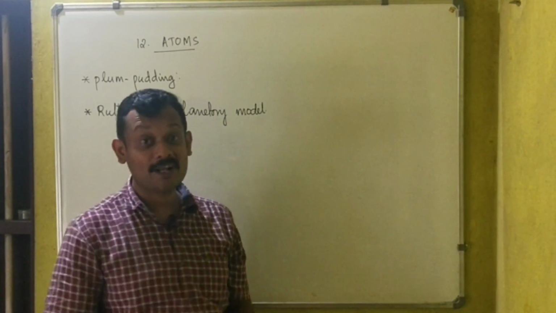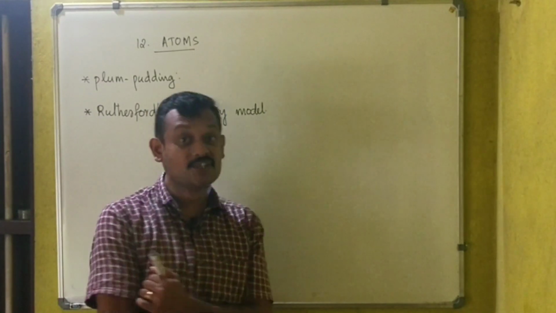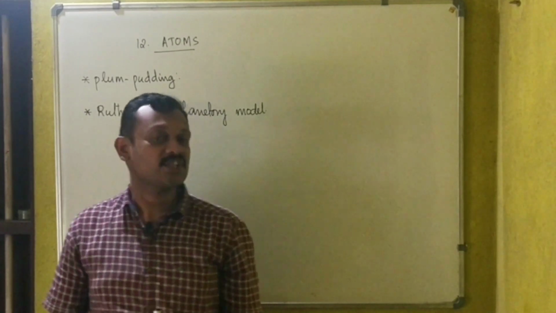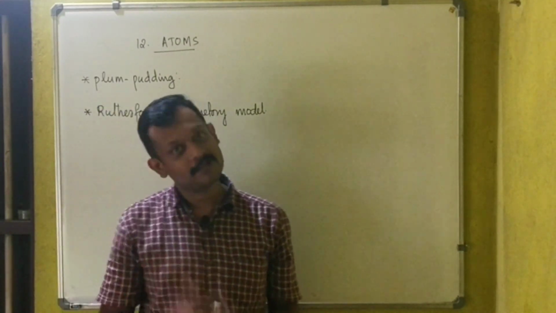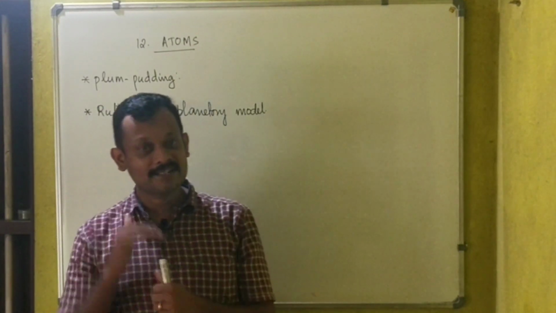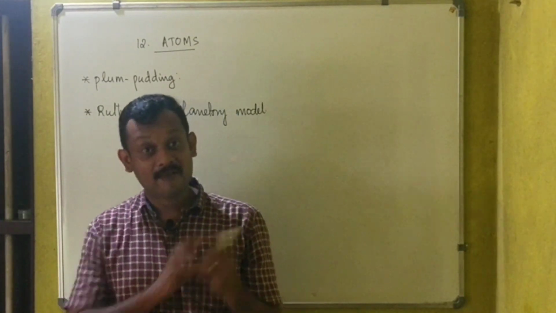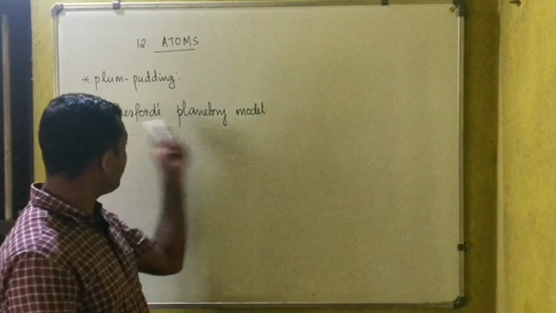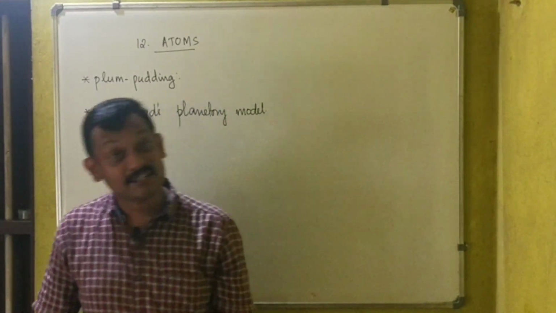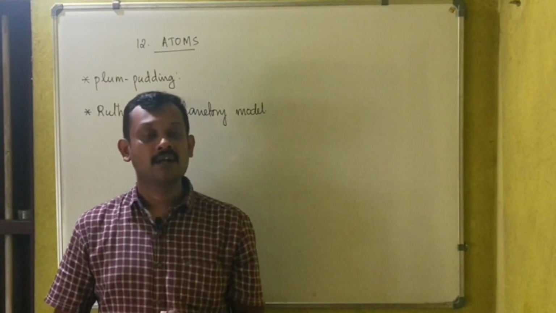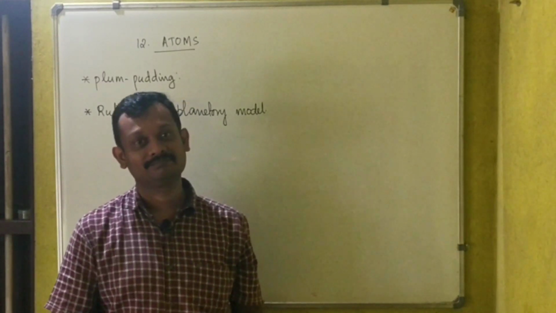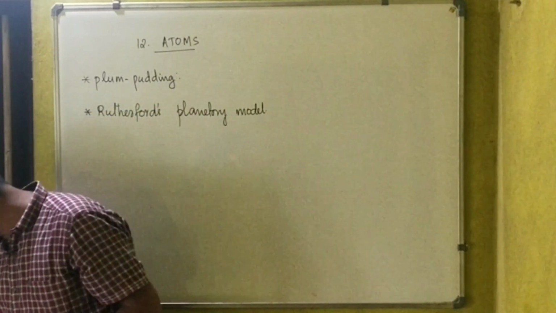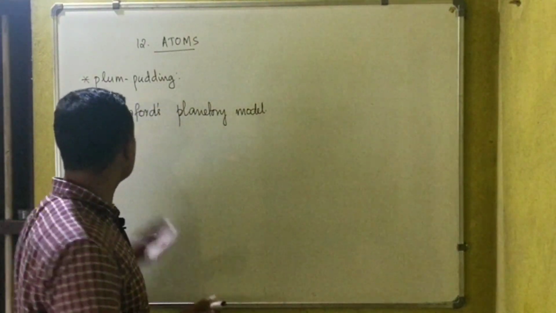The significance of this model was that it predicted the existence of the nucleus, the charge on the nucleus, and the size of the nucleus. Everything was predicted according to that model. The model was proposed by Sir Ernest Rutherford, and later the experiment was performed by Geiger and Marsden. So we are going to start our session by studying Rutherford's atom model.